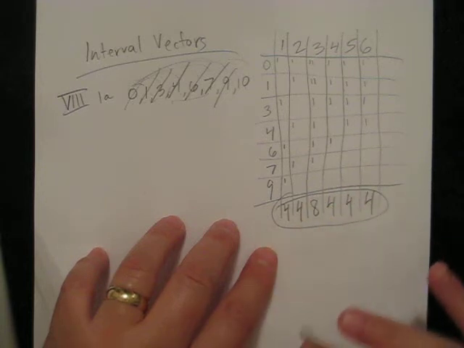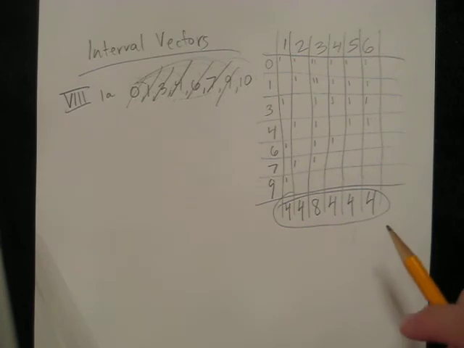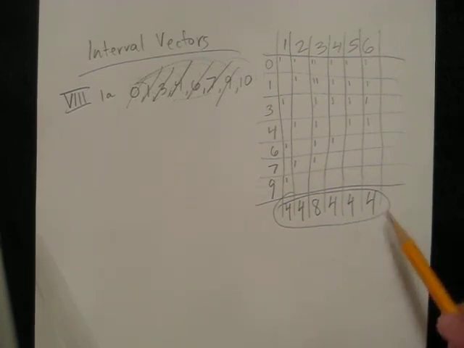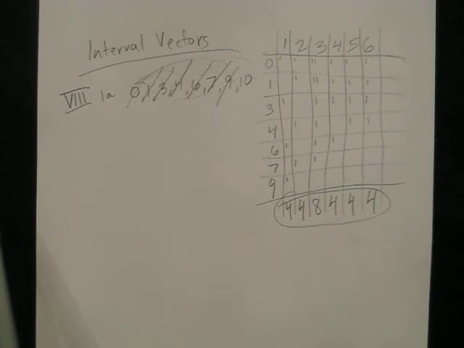So it's going to have a certain sound to it, but it's got every other interval class in it. So this is going to be some kind of a scale. It's got 1, 2, 3, 4, 5, 6, 7, 8 pitches in it.